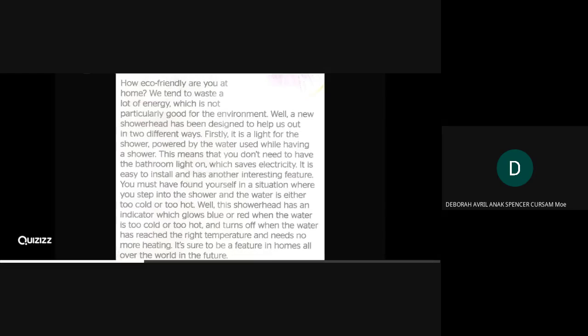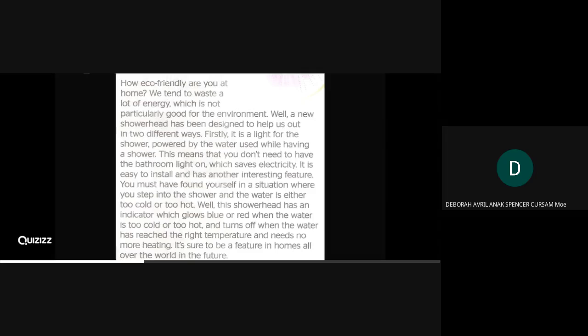How eco-friendly are you at home? We tend to waste a lot of energy, which is not particularly good for the environment. Well, a new shower head has been designed to help us out in two different ways. Firstly, it is a light for the shower, powered by the water used while having a shower. This means that you don't need to have the bathroom light on, which saves electricity. It is easy to install and has another interesting feature.